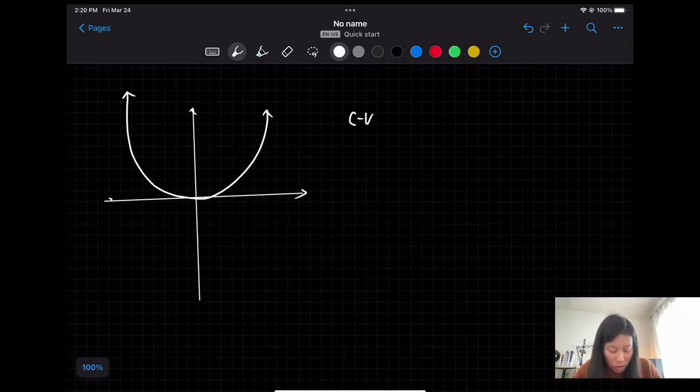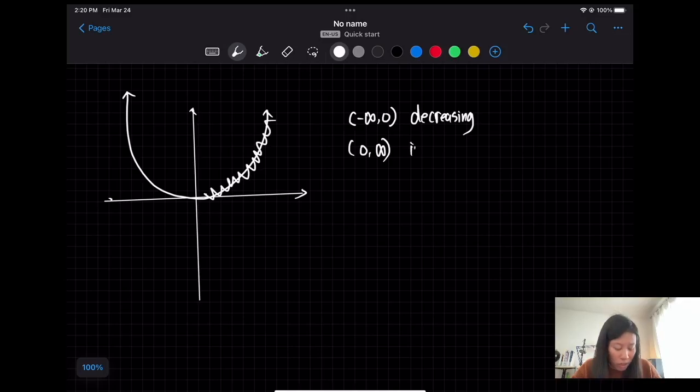From negative infinity to 0, not including 0 because at 0 it doesn't decrease anymore, the function decreases. And then from 0 to infinity, which is on the right side, the function increases.